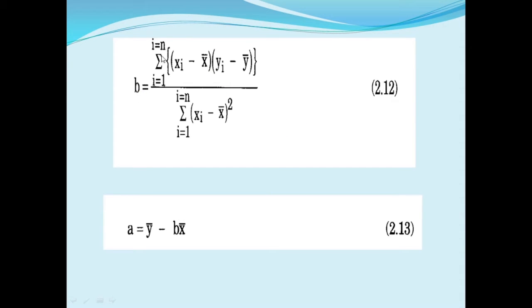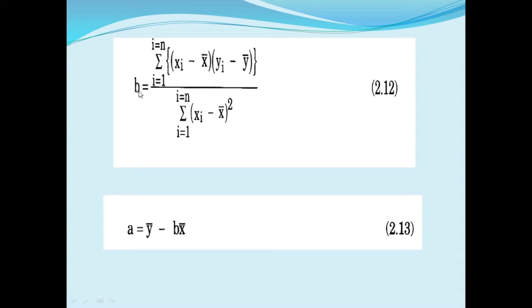B is equal to the summation, with limit going from i equal to 1 to i equal to n, of xi minus x bar into yi minus y bar, upon the summation from i equal to 1 to i equal to n of xi minus x bar whole square.